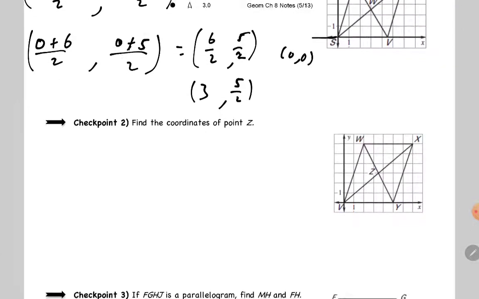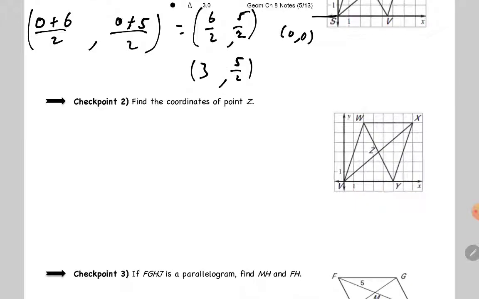Okay, so let's do something similar. Find the coordinates of point Z. Let's assume that this is a parallelogram. So V is at 0, 0. X is at 7, 6.